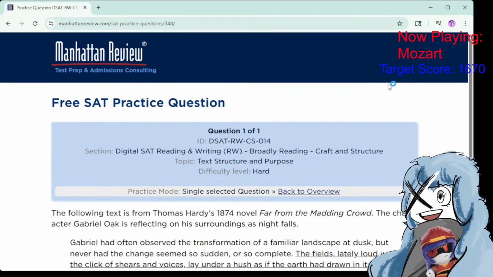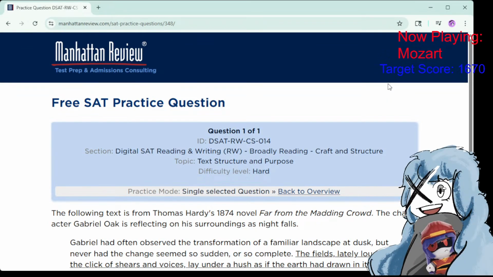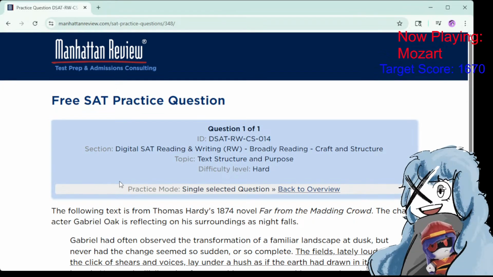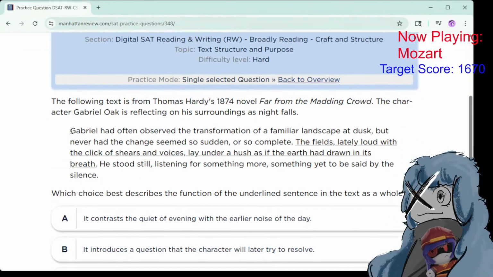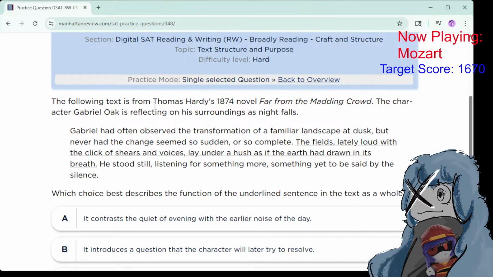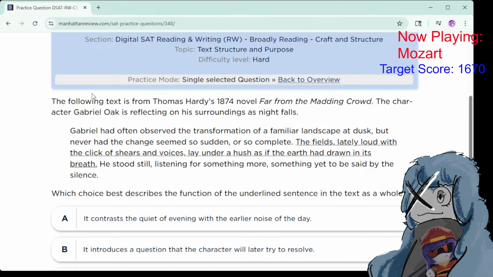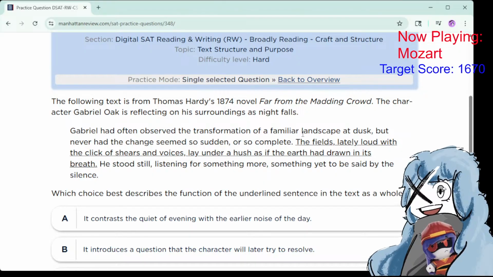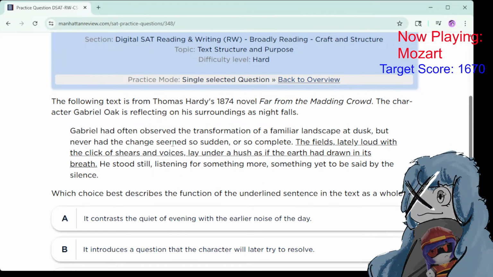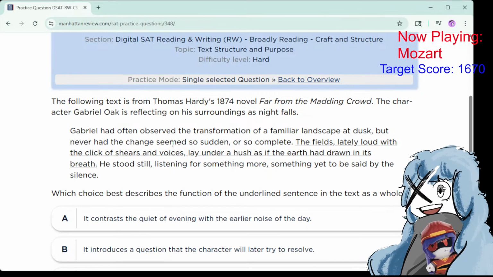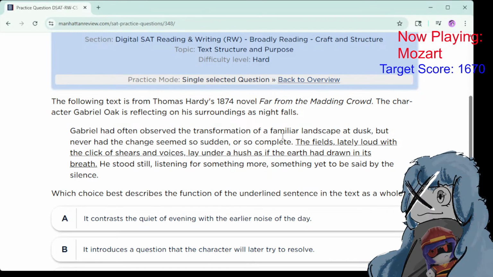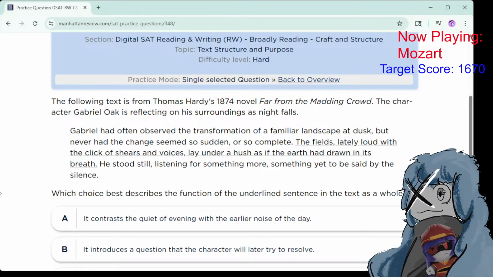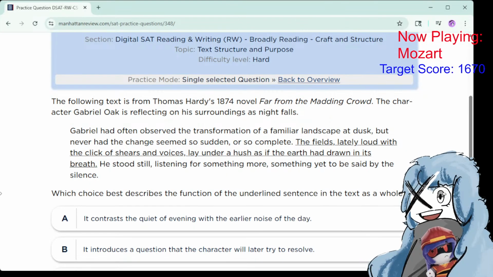The character Gabriel Oak is reflecting on his surroundings as night falls. My throat hurts. It's been 30 minutes. Gabriel had often observed the transformation from familiar landscape at dusk, but never had the change seemed so sudden or so complete. He's saying how he observed the transformation many times, is familiar with it, but never saw it so sudden before. So this is the first time.